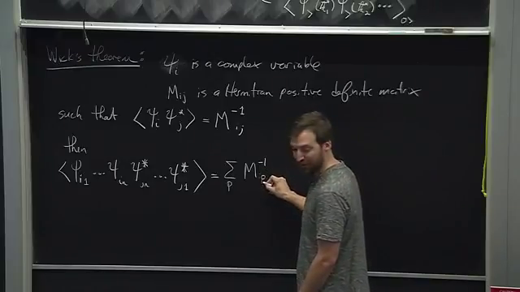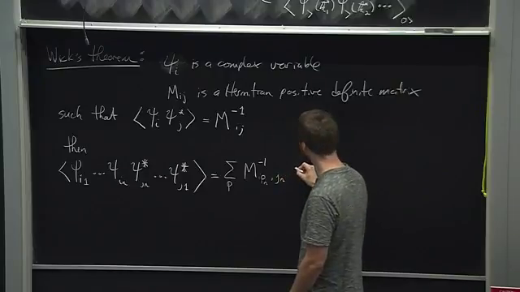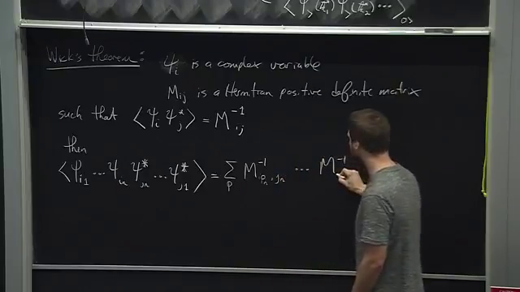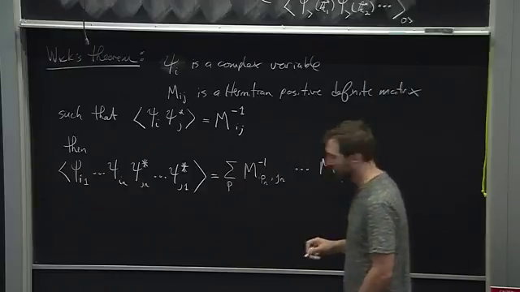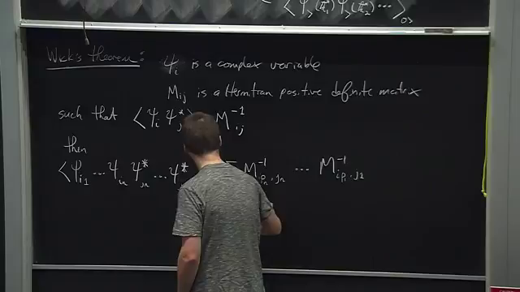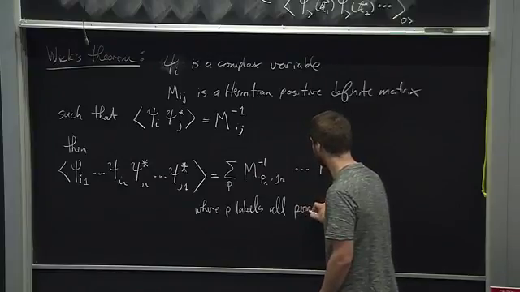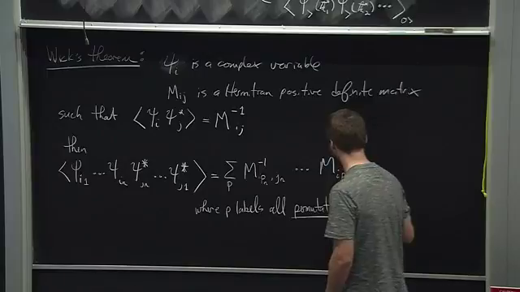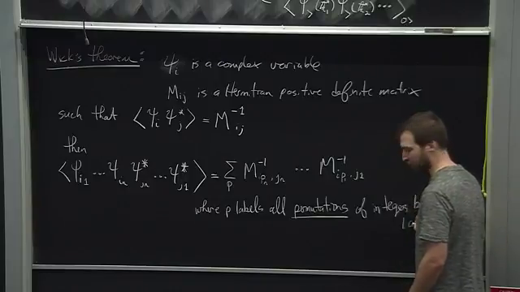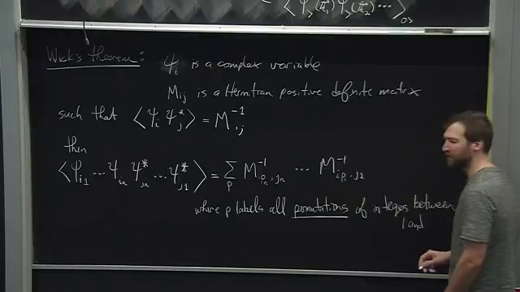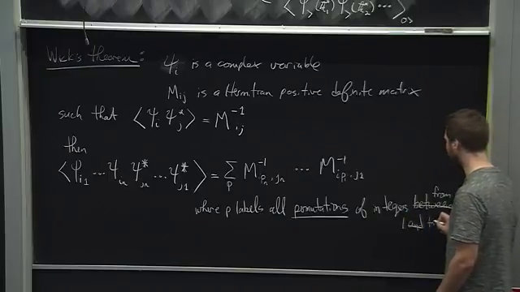I have to label my permutations P, with M minus 1, my index i_P1, and then this will be j_1. These are permutations of integers from 1, 2, to n.